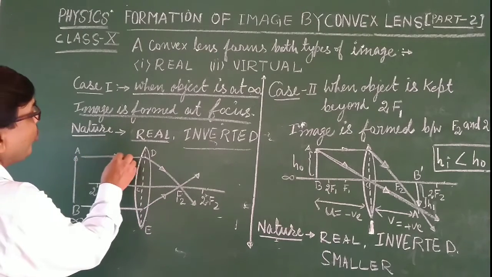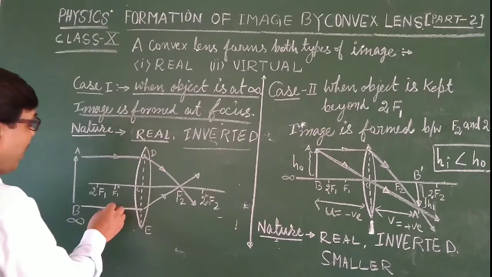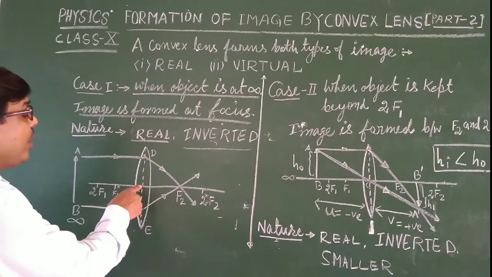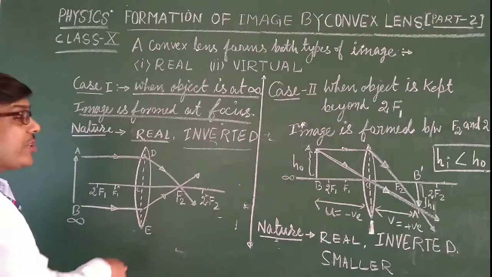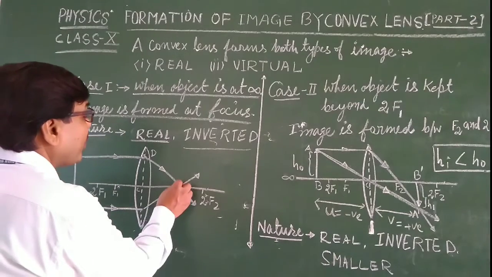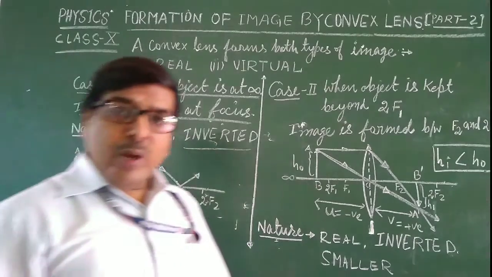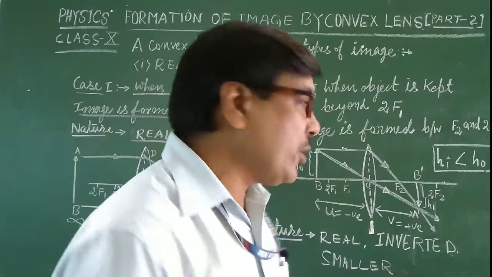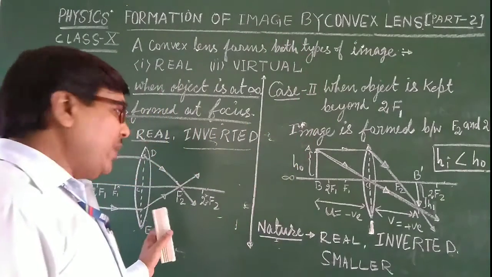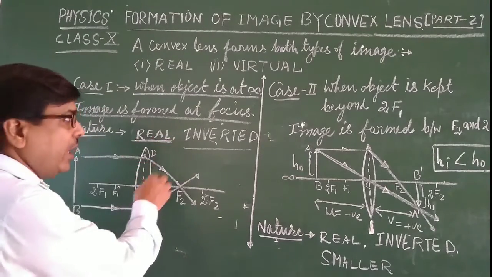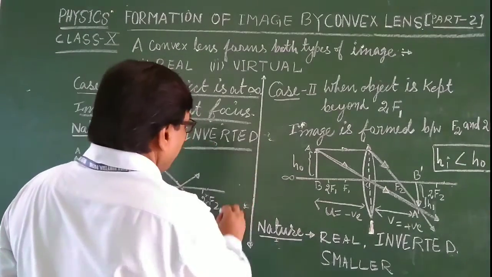Here there are two incident rays parallel to the principal axis. Principal axis is that which passes through the optical center of the lens. Then after the refraction it converges at F2, where a point-size image is formed, which is also real and inverted.